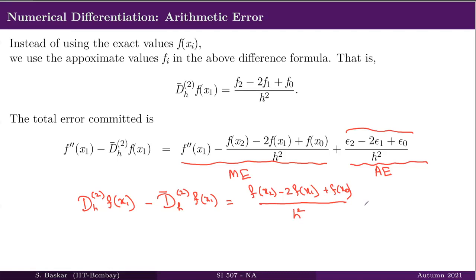I'm just giving you another way of deriving the arithmetic error, minus f2 minus 2 f1 plus f0 divided by h square, right?